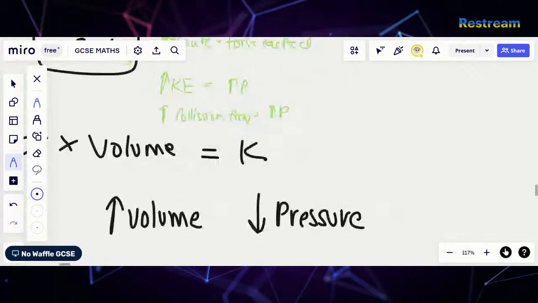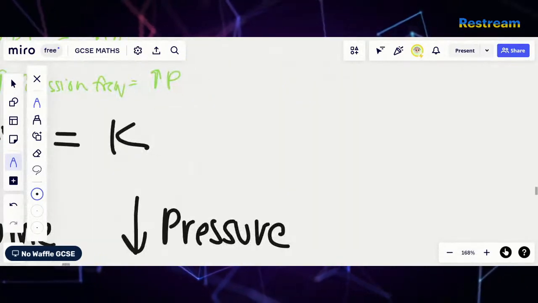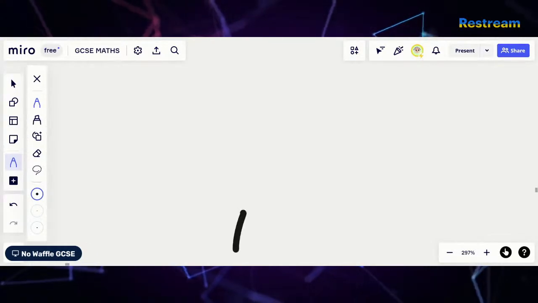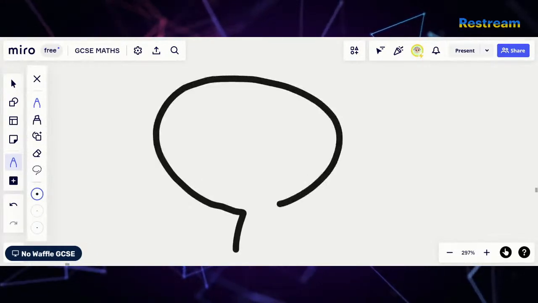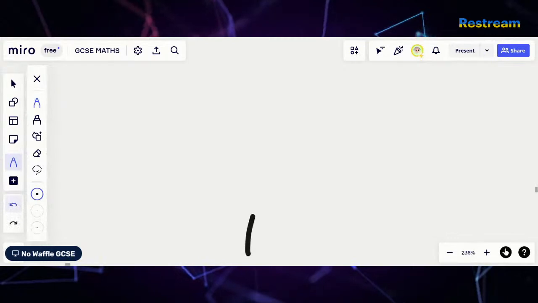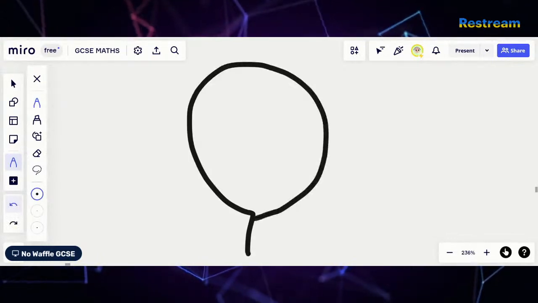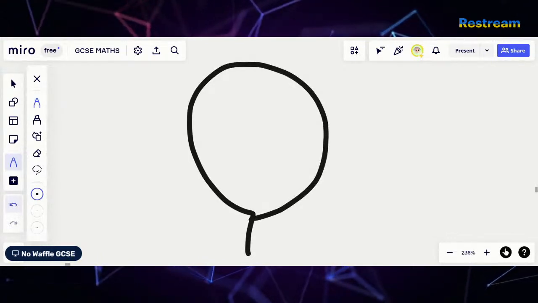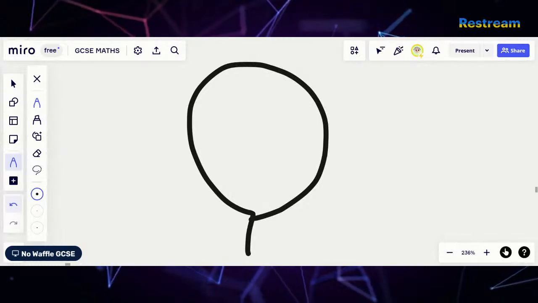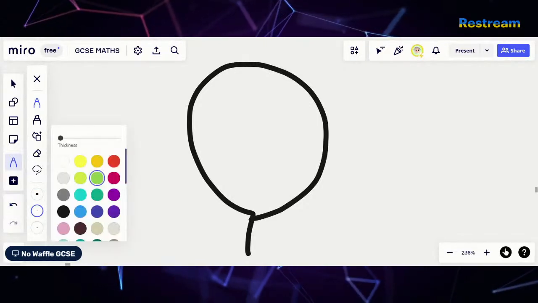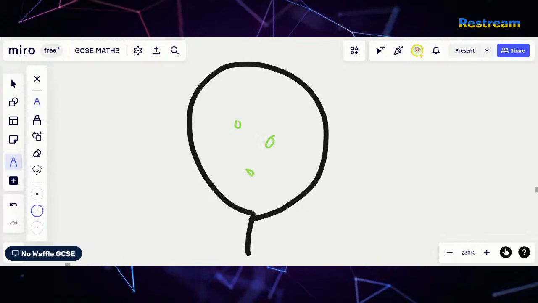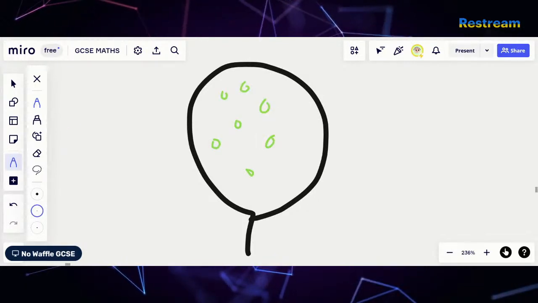In terms of pressure, just to help you understand, imagine we have a balloon here. Oh, that's a terrible balloon. A helium balloon. If a helium balloon is released, it rises. So we have helium particles in here.